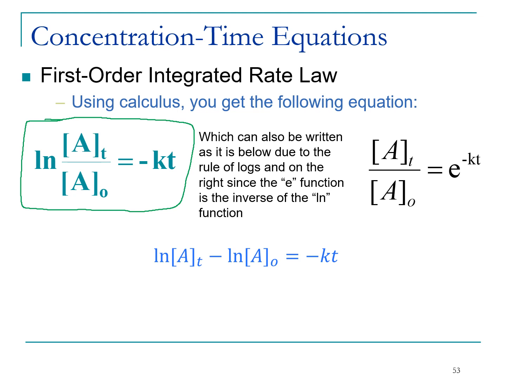[A]t means the concentration at time t. [A]0 is the concentration at time 0, or initial concentration. k is our same constant that we've had, so that's just our constant. And t is just time, whatever time we're talking about.